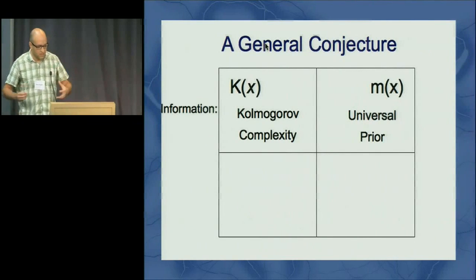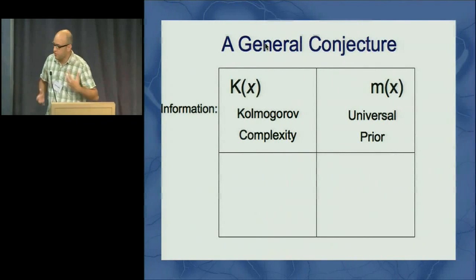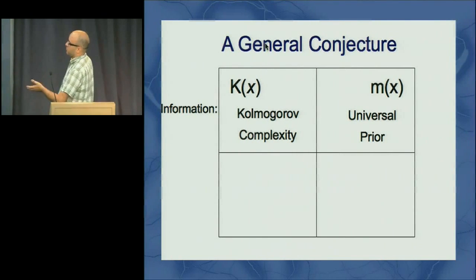Now let me talk about a general conjecture I have about where I think things will be going. We have these two measures. People have been using them in really exciting and creative ways throughout the conference. One is a discrete measure, which is Kolmogorov complexity, and that maps to a code, an integer value.